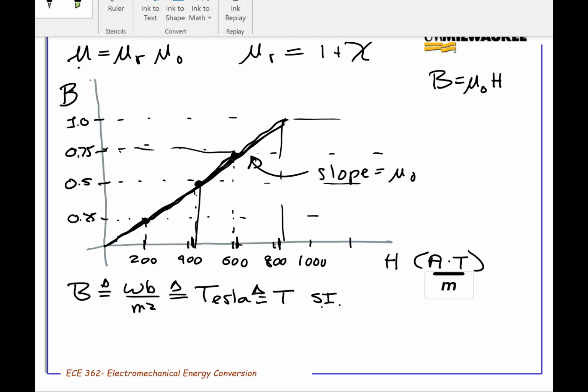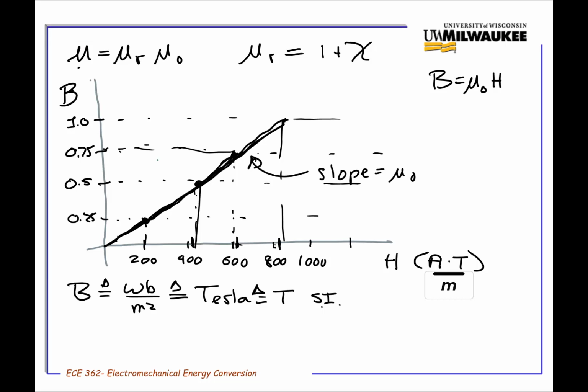Inside of the core, let's use a different color here. What would I get? Well, we've got this mu relative that's going to multiply times that.